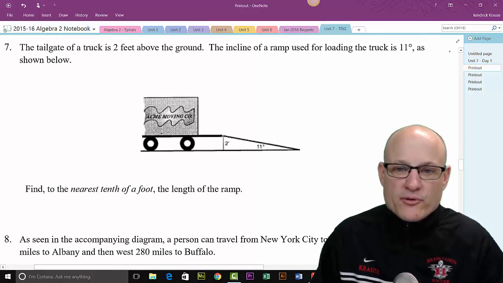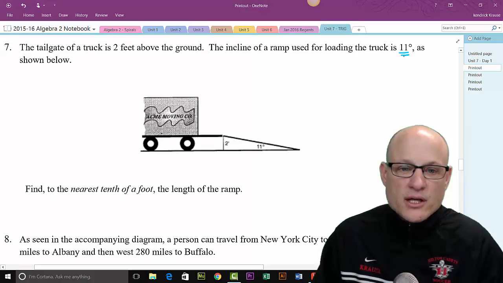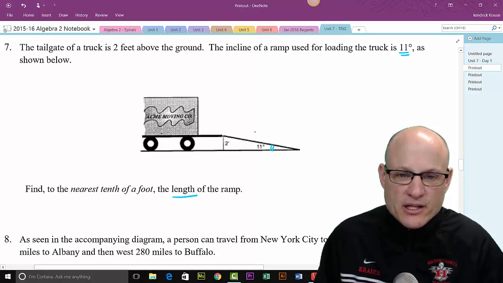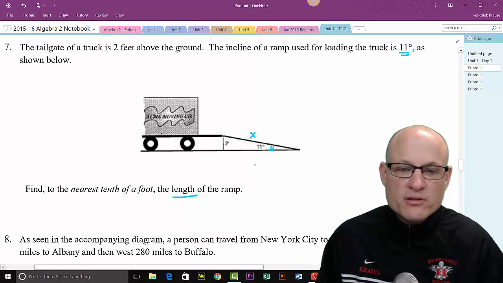The incline of a ramp used for loading a truck is 11 degrees, as shown below. Find, to the nearest tenth, the length of the ramp. So we need to find the length of the ramp, which is x.